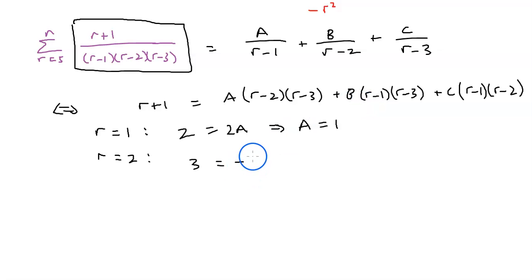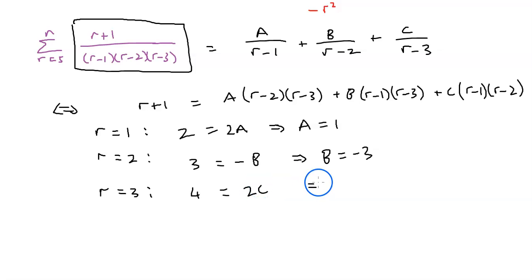Okay, so b is equal to negative 3. And lastly, r equals 3. We get that 4 is equal to 2 times 1, so 2c, which would tell us that c is equal to 2.